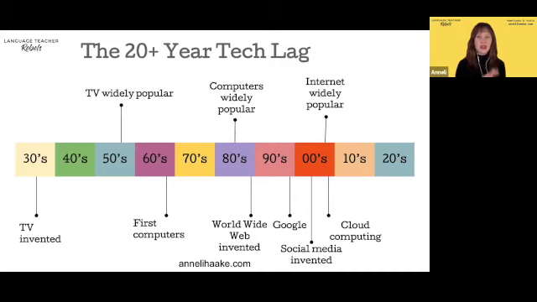So you can see the TV was invented in the 30s, became widely popular in the 50s. First computers in the 60s became popular in the 80s. So you can see that we've actually not even seen the full impact on the world of social media and cloud computing. So it is a good time to start.